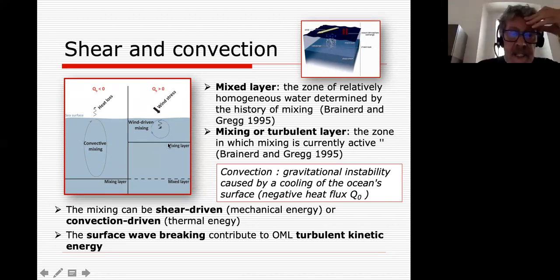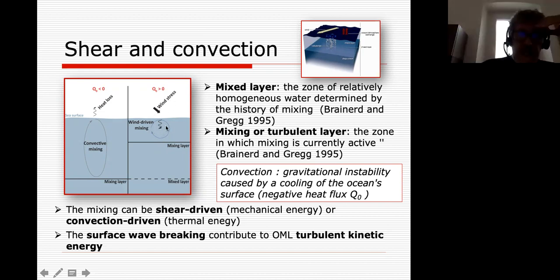In practice, the mixing layer is the area which is actively mixed at this moment. For example, the wind stress is here working in order to homogenize the upper parts, even if the heat fluxes are heating this area.